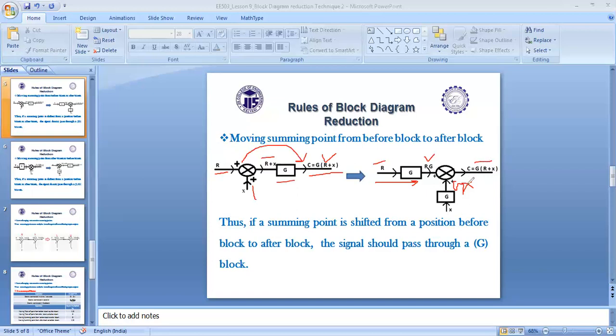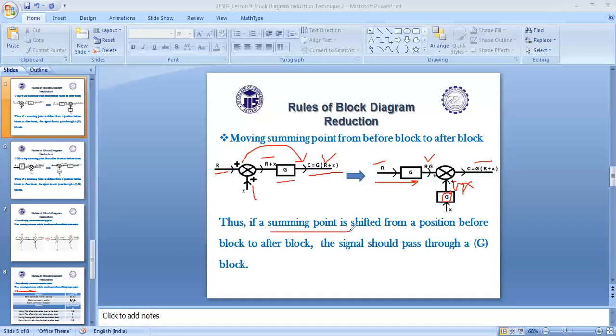So to make it GX, X should be multiplied by a block G. That is why if a summing point is shifted from before the block to after the block, we need to introduce a G block in between so that the output is unaltered.